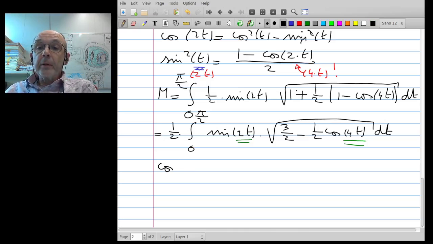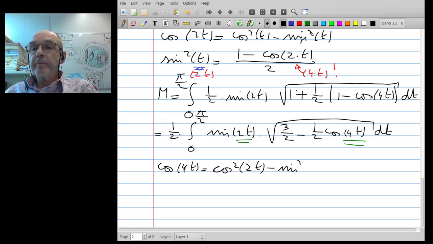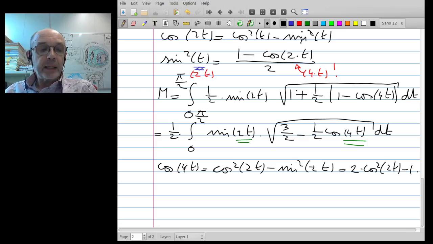The cosine of 4t is equal to cosine squared 2t minus the sine squared 2t, and I am interested in maybe something with the cosine, so I can rewrite this as 2 times the cosine squared of 2t minus 1.